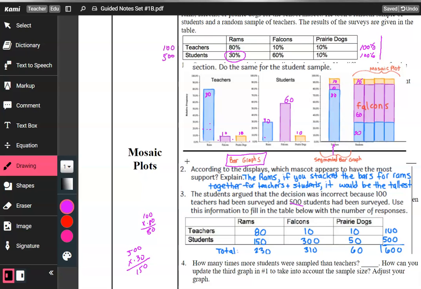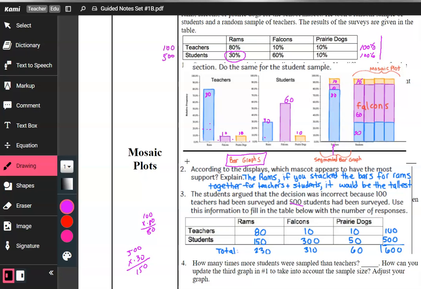Then you get 300 students, which is 60% of 500. 10% of 500 is 50. And you see how you fill those out. And then if you add them, 80 plus 150 is 230. Add this, and you should get the total amount of people involved in this voting, which was 100 plus 500, that's 600.